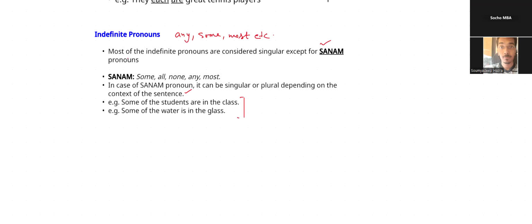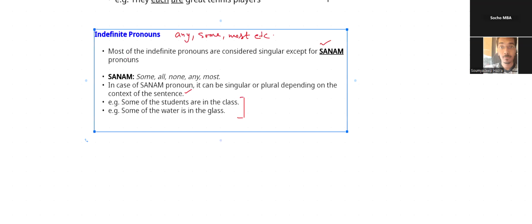Correct. Indefinite pronouns तो आपका होता है any, some, most, few, ये सब भी हो गया ना. Yes. अच्छा, मतलब वो सब singular ही होता है except जो सनम वाले, जैसे some, all, none, any और most. Now, the last thing will be inverted sentences in which the verb, okay, the verb we have been talking about, right, is or are, fine, will be added to what?